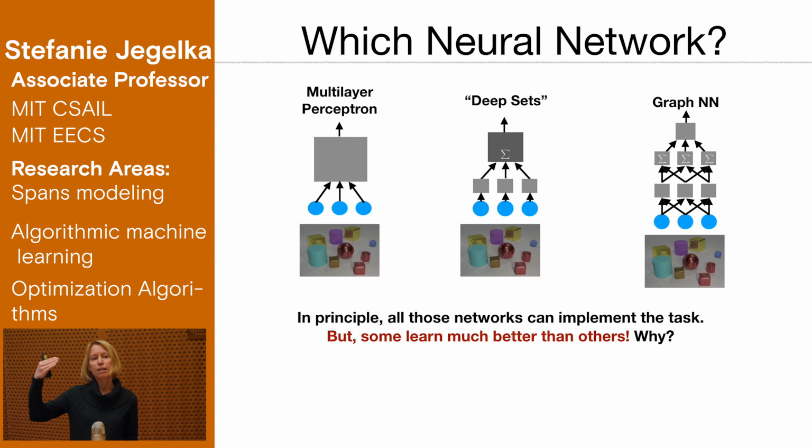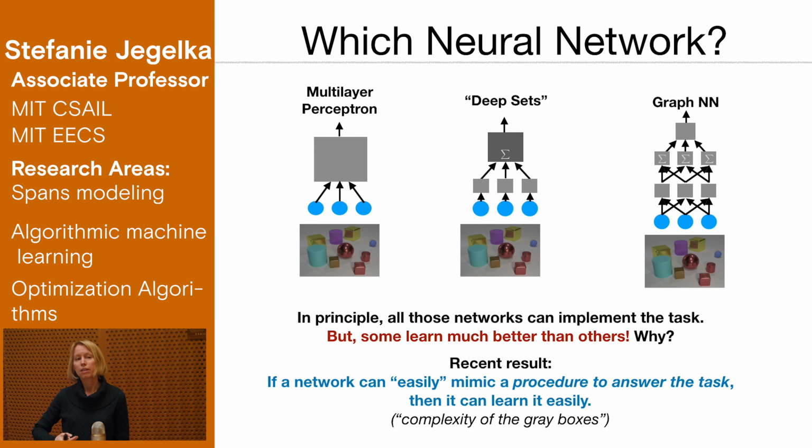Now if the neural network can implement that set of operations by looking at the gray boxes in the network and making them very simple operations, just like a pairwise difference, a maximum of something or so, then they can learn the task well. If they basically have to figure out what the structure of the computational procedure is, then it becomes much harder for them to learn the task.